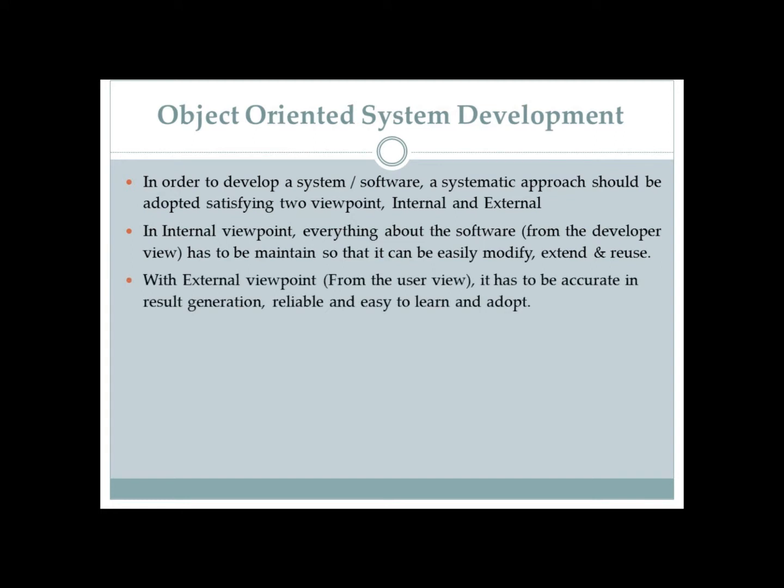When it comes to the external point of view, that means from the user's view, it has to be accurate in result generation, reliable and easy to learn and adapt.